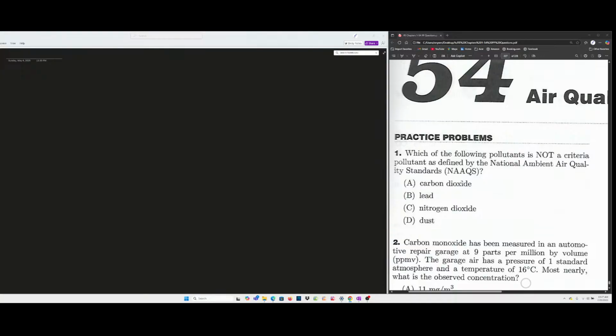Coarse and fine particles, because they can go into our nose and everything, so dust and all this stuff, are defined pollutants. So which of the following is not? It's going to be carbon monoxide, because the lead, dust, and NO2 are all defined pollutants. So the answer is going to be A.